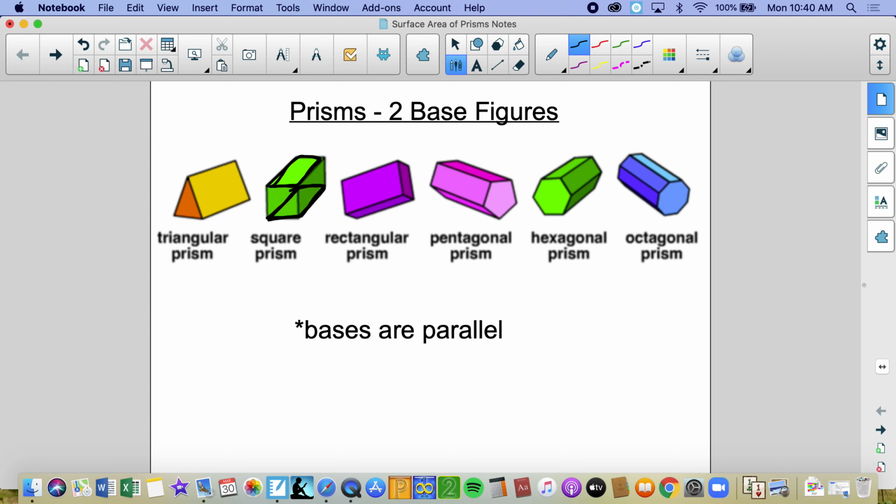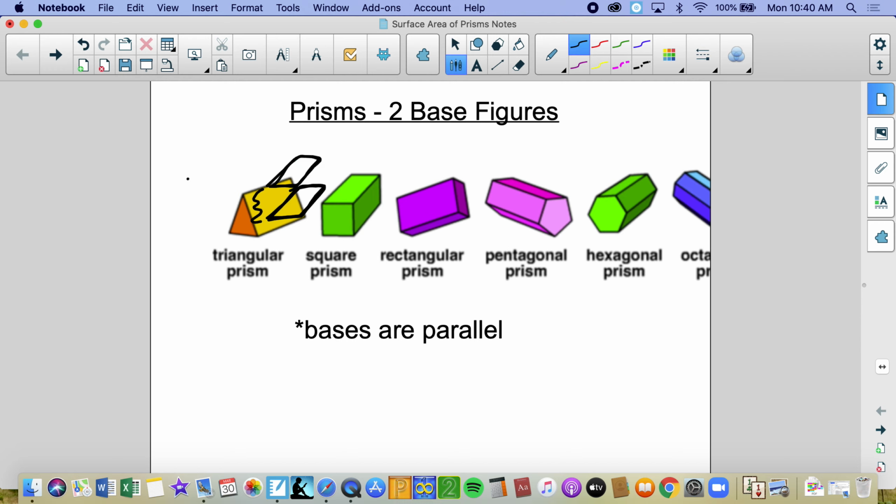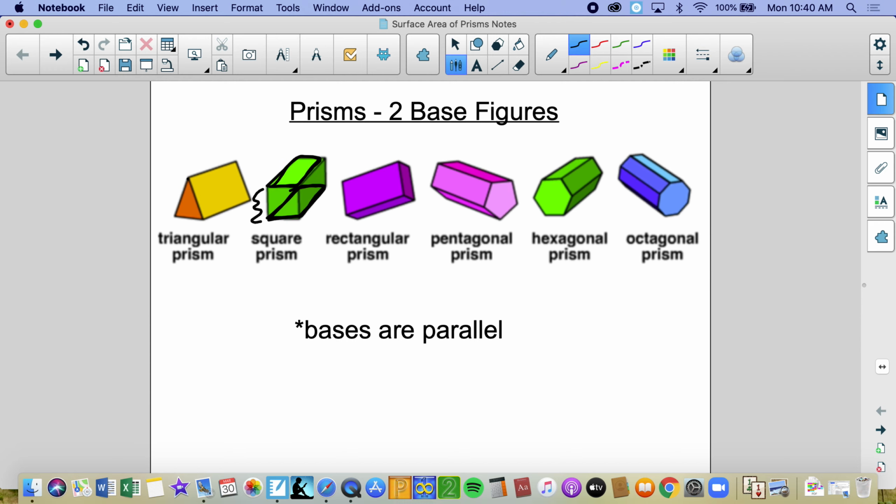If those are the bases, then this would be the height of them, the distance between them. If we look at the front and the back as the bases, then this would be the distance, or the height, the distance between them.